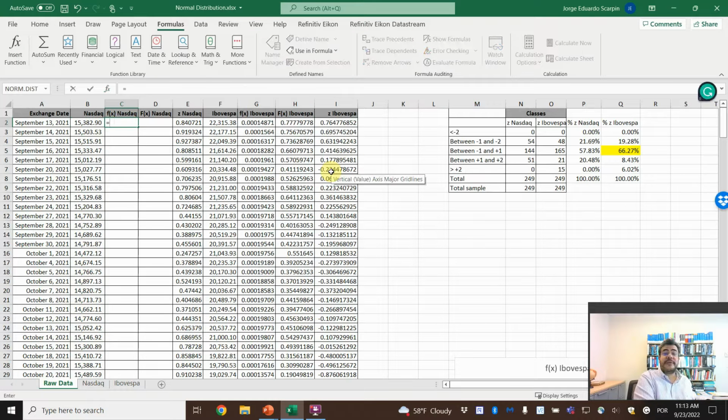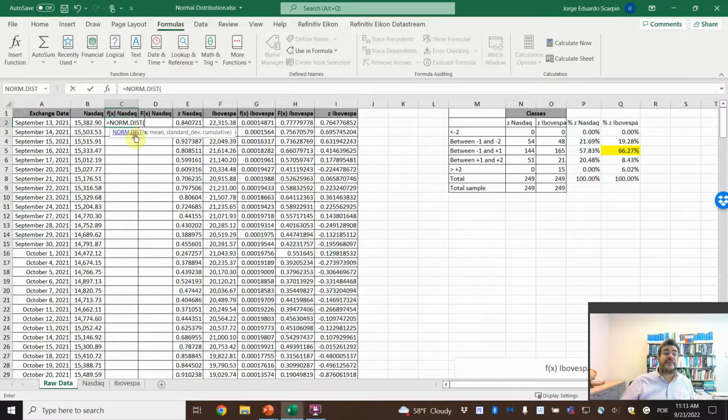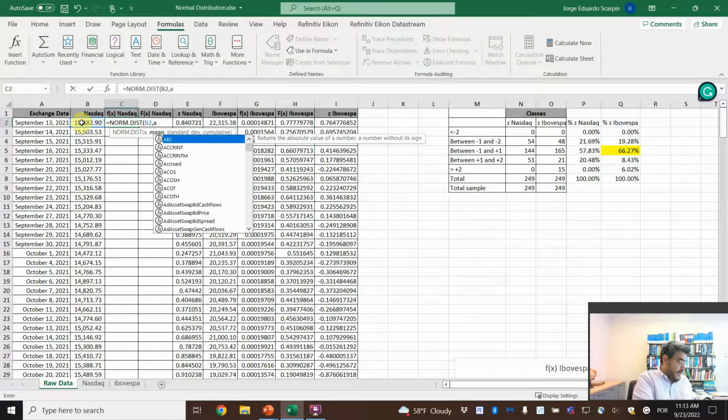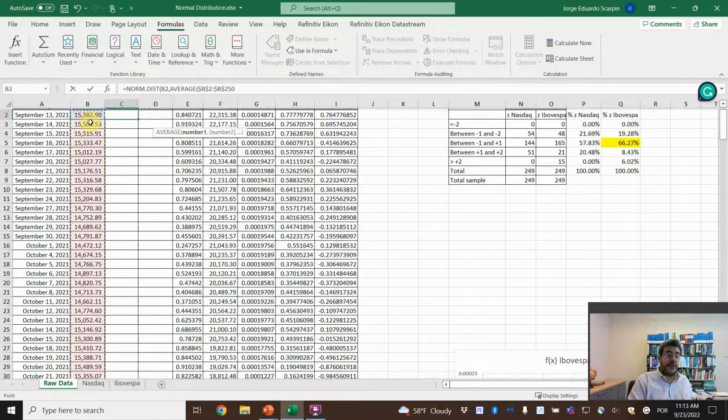Let's do it here. It's easier. Normal distribution. And why is it easier? Because you can insert a formula inside a formula. So x, the mean is the average. See? So the average, F4.